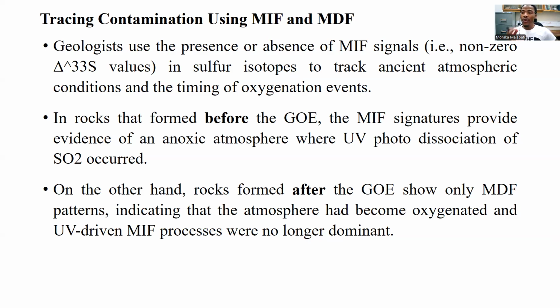So these zero signatures indicate the atmosphere had become oxygenated, which is why the products after this dissociation of sulfur compounds reacted and recombined, making sure the MIF isotopic signatures are not preserved in the rock records. Okay, so I hope this makes sense.